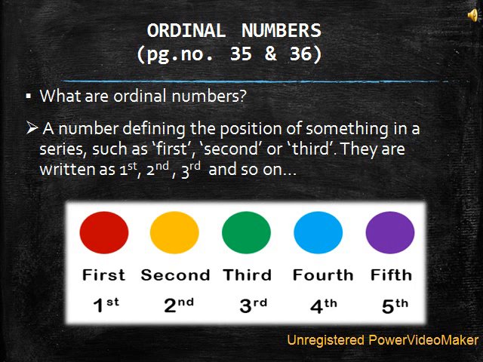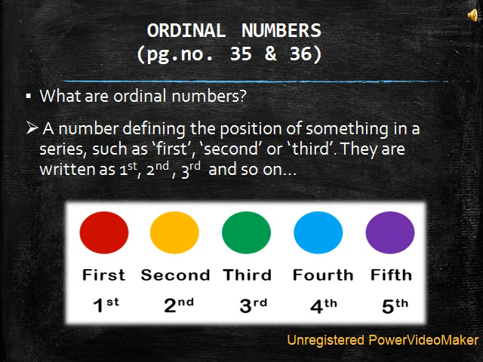So here we have position of something always as first, second, third, fourth, fifth. On the screen you can also see the color representation. The red color is on first. The number 1 is known as first. Number 2, second. Number 3, third. 4, fourth.